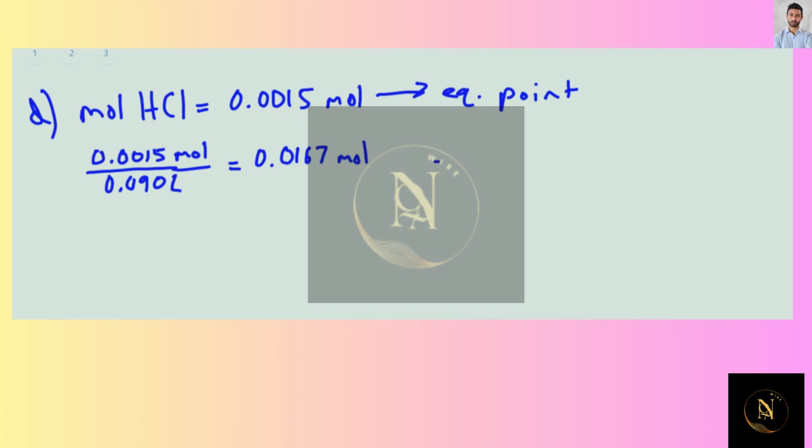So we can calculate a Ka as being equal to 5.56 times 10 to the minus 10. And we can set this Ka equal to the equilibrium expression.